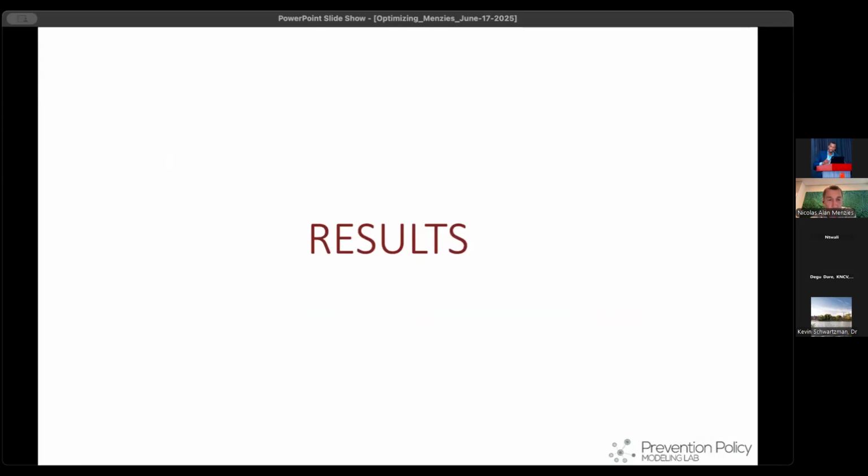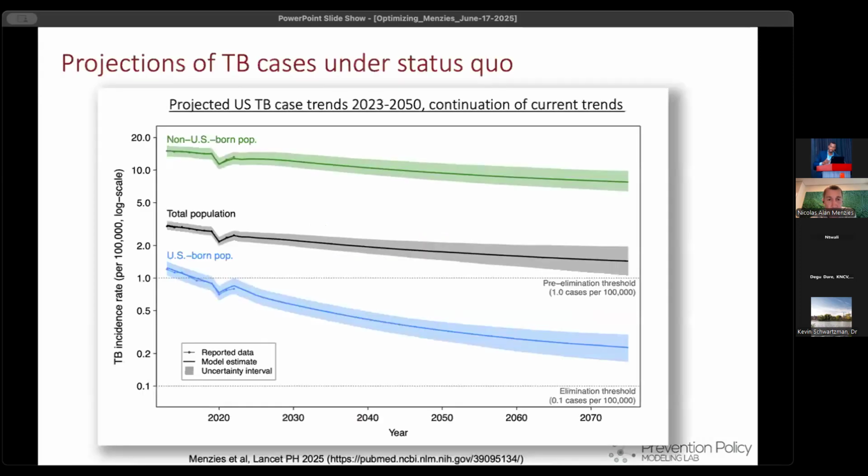Okay, I think we're going okay for time. Firstly, what you're seeing here is a business as usual scenario, in terms of rates of migration into the United States.